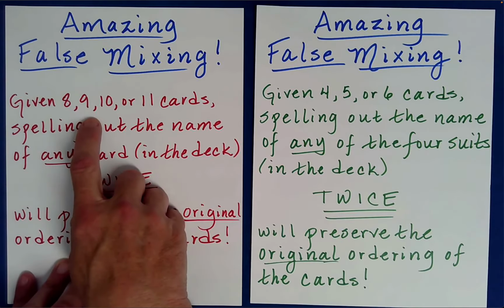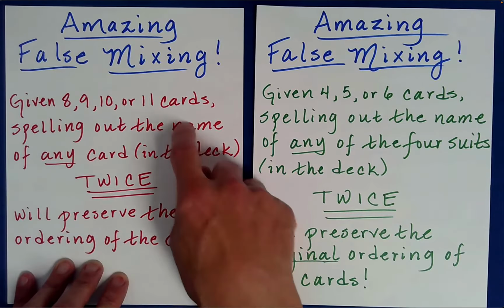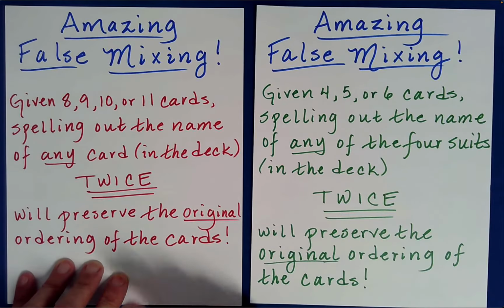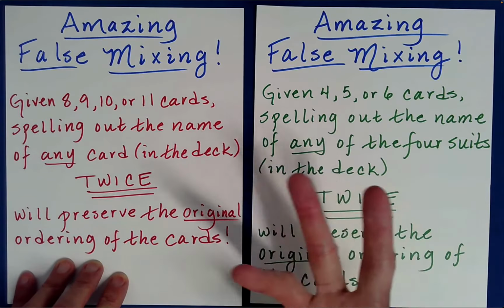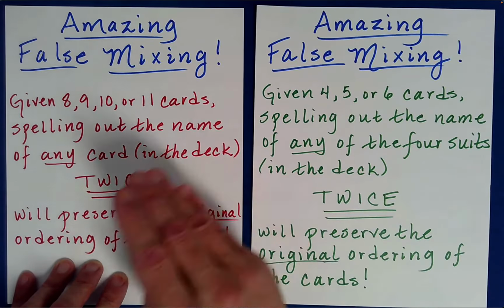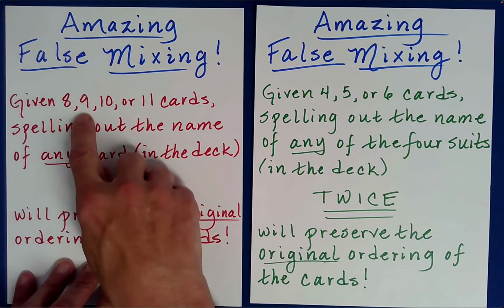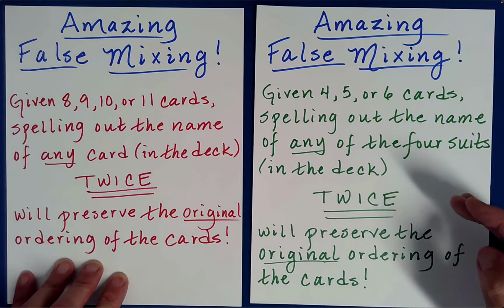Well, what that means is we could have, before even beginning that performance, used this false mixing procedure to give the appearance that we've scrambled the cards according to the card named by the spectator. Wow. So they would even think you're starting with a random ordering of the cards before you even begin that procedure. Isn't that amazing?